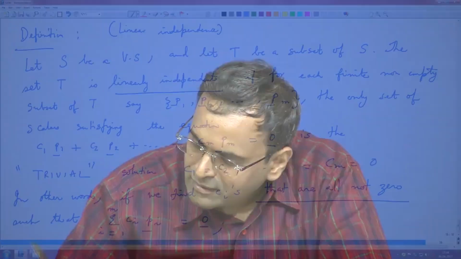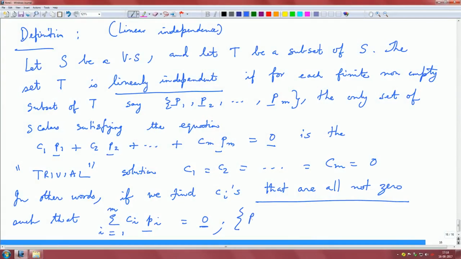Sometimes I may miss this underscore, but you just have to register in your mind that it is a vector. Then these Pi, i equals 1 to m, form a linearly dependent set.